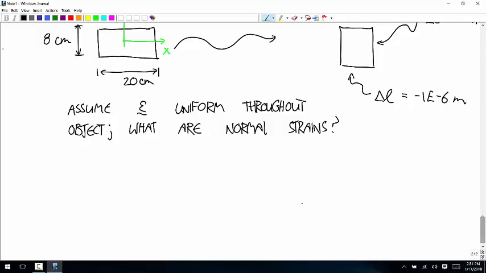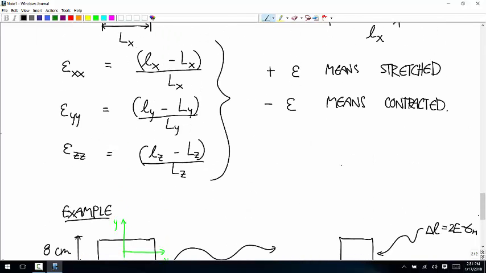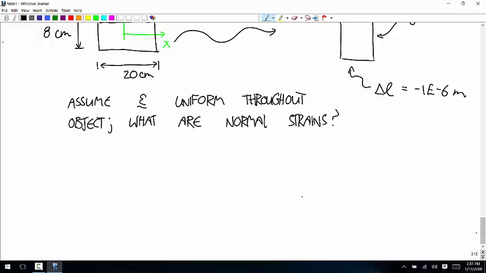Well, if you think about what these definitions of the normal strains mean, if you take the deformed length minus the initial length, that is that delta L. So the XX strain is delta L in the x direction divided by the initial length in the x direction.